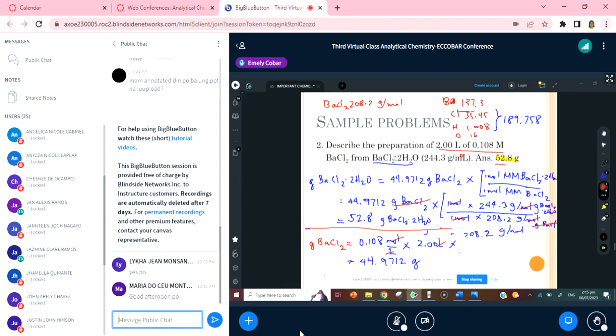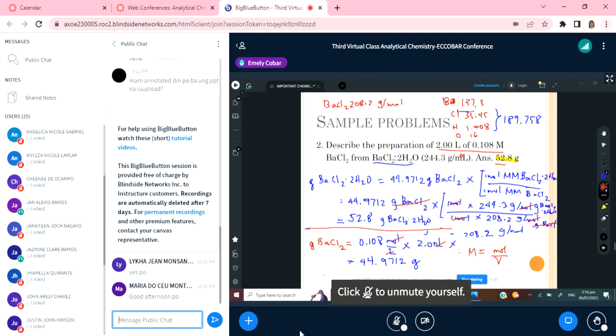So you are asked to prepare 2.00 liter of 0.108 molar barium chloride. Okay. So from the formula of molarity is equal to mole solute over volume of solution, di ba? Now, how do you get the number of moles? By multiplying molarity and volume. Makukuha mo si number of moles.